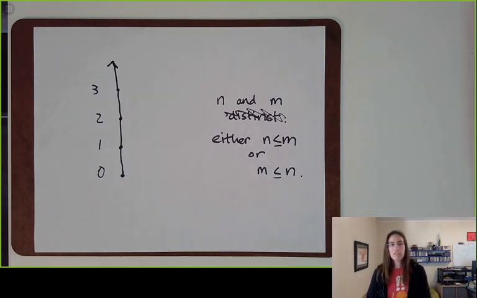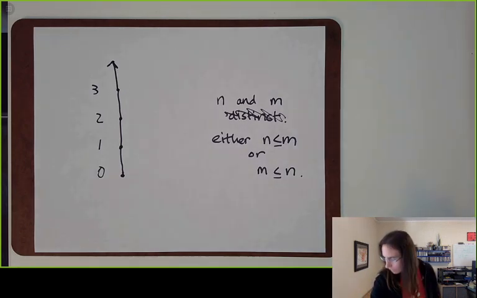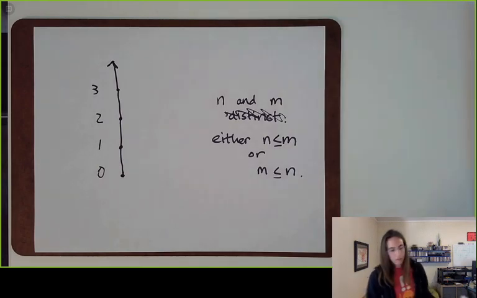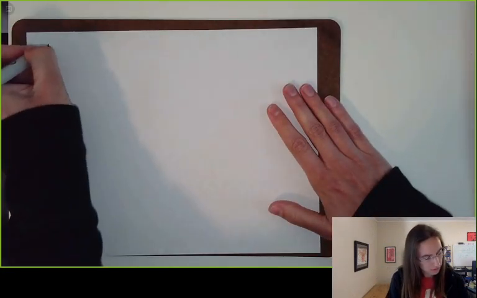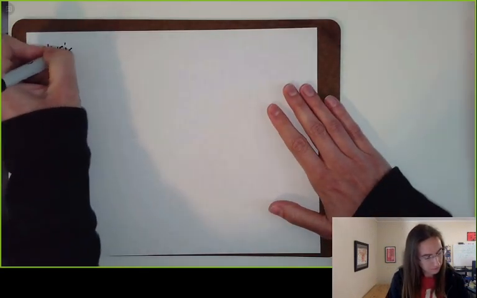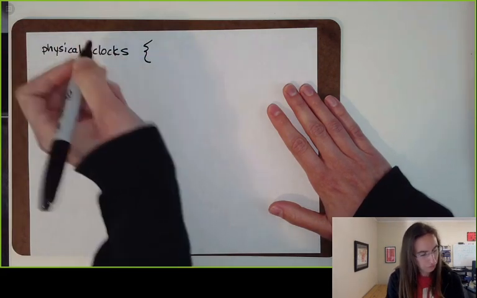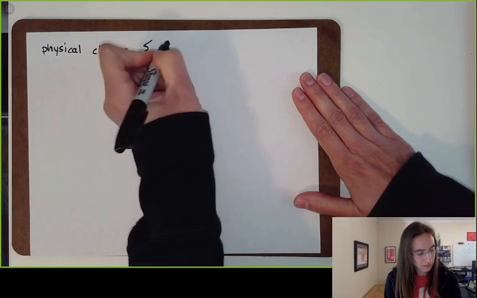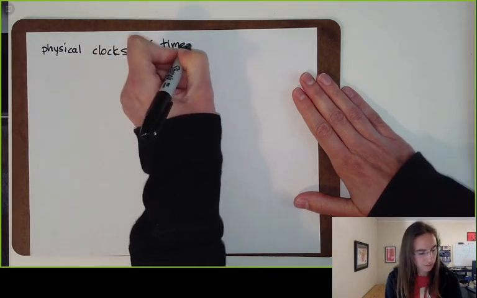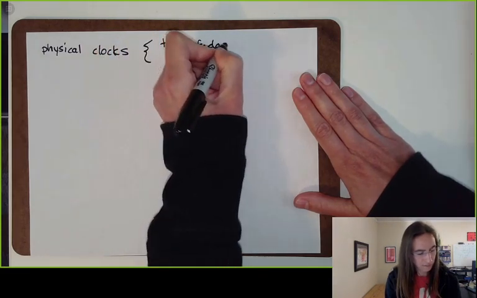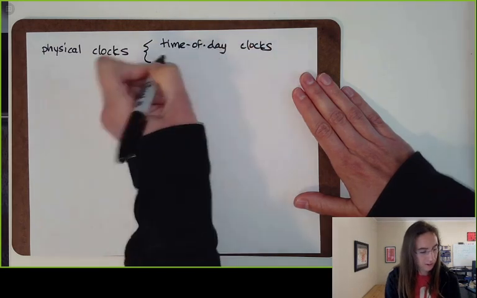Okay, so this leads into our next topic. Last time we talked about clocks, right? And in particular, we mentioned a couple of different kinds of physical clocks. Physical clocks encompassed time of day clocks and monotonic clocks.